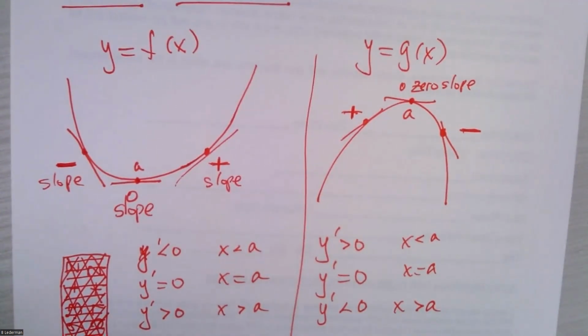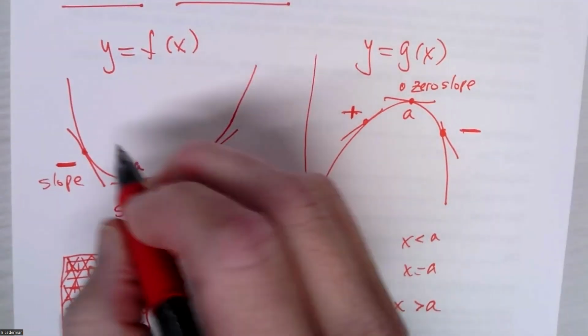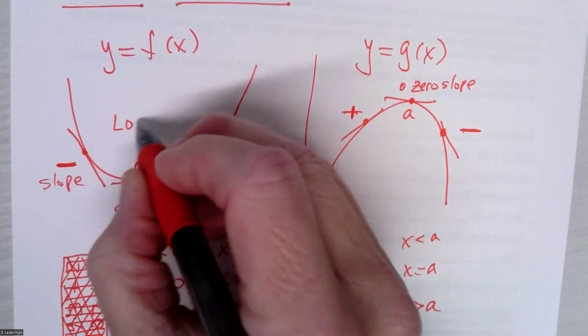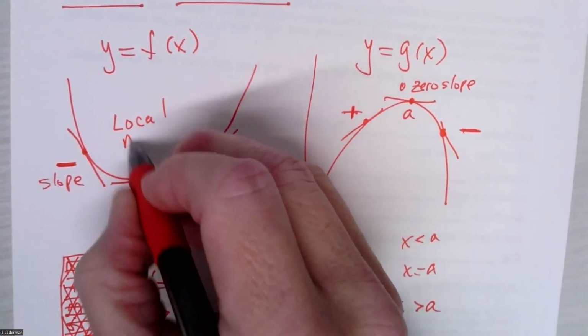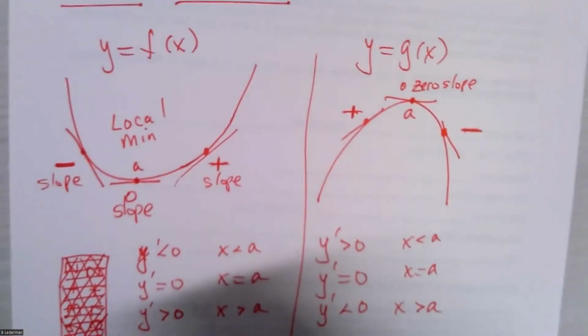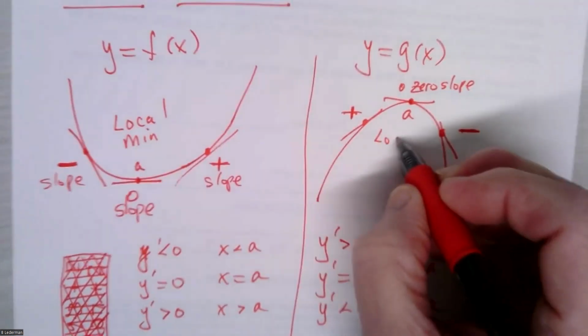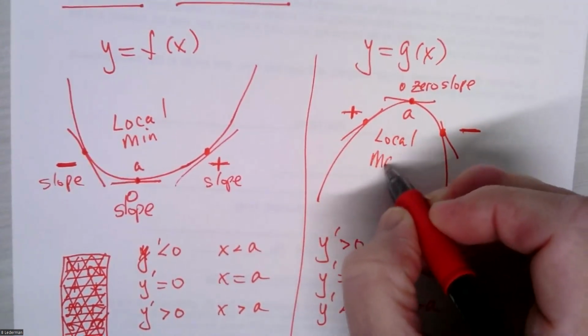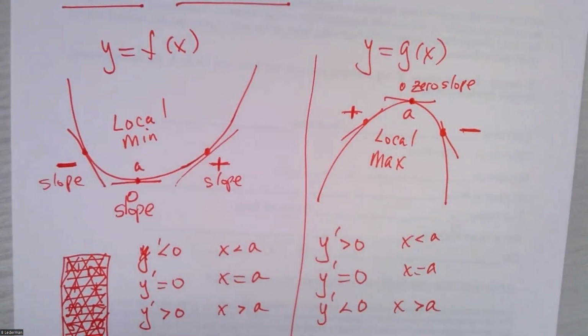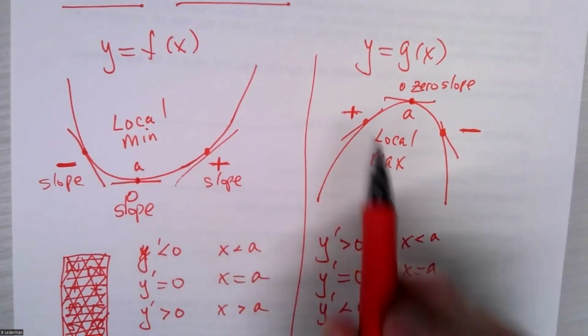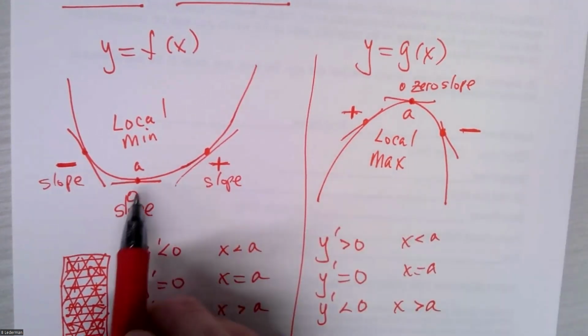We're calling this a local min, which stands for minimum. And this point over here is a local max.